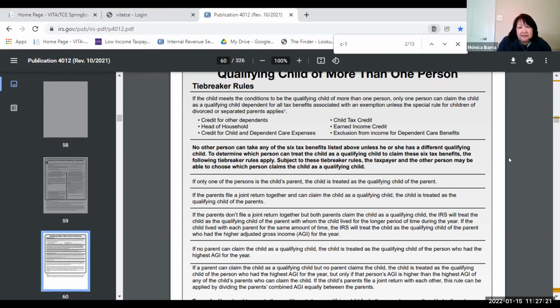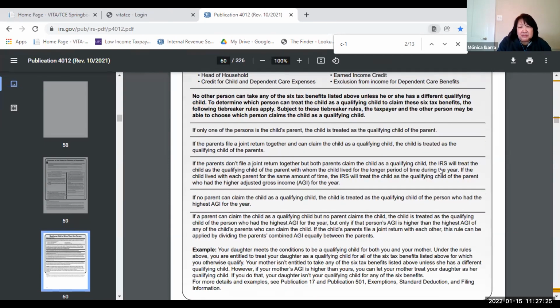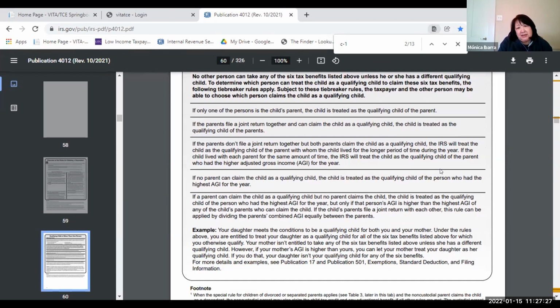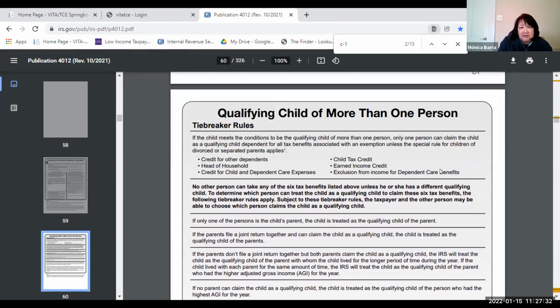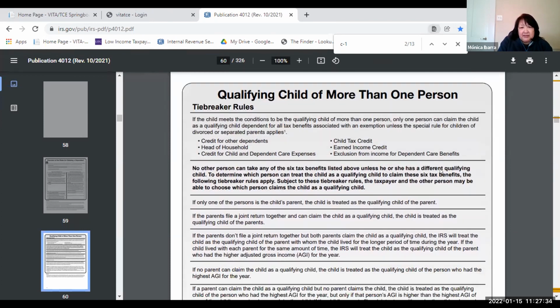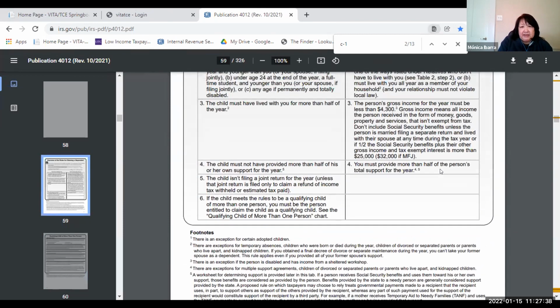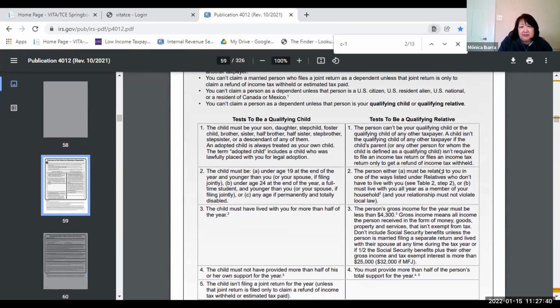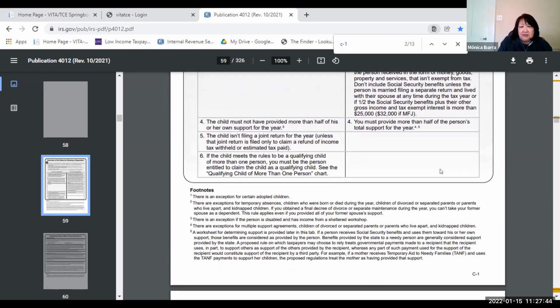Are there any specific questions as to who can claim a child? The 4012 gives you the information as to who can claim a child, who can't claim a child, and tiebreaker rules.